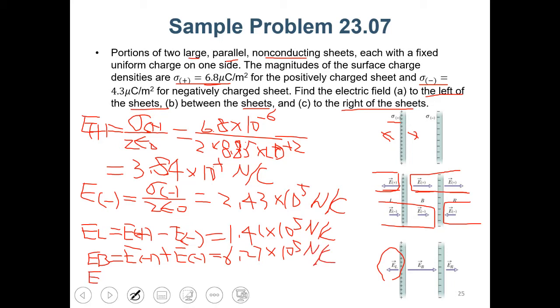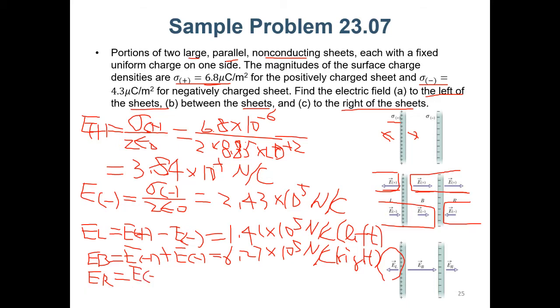And the third case, the E field on the right side. This one points to the left, this one points to the right, and this one also is E plus minus E minus, because this one and this one point in the opposite direction.